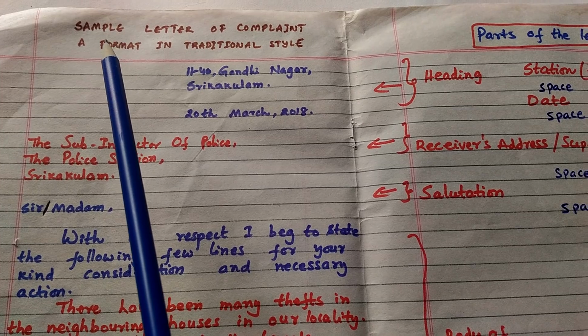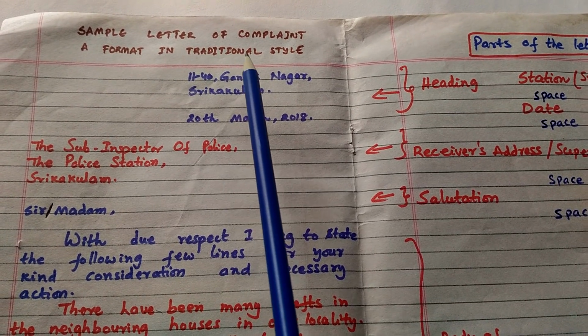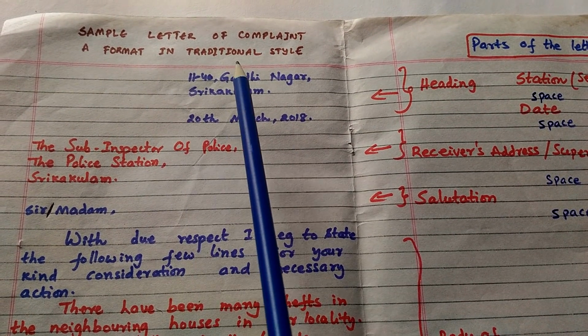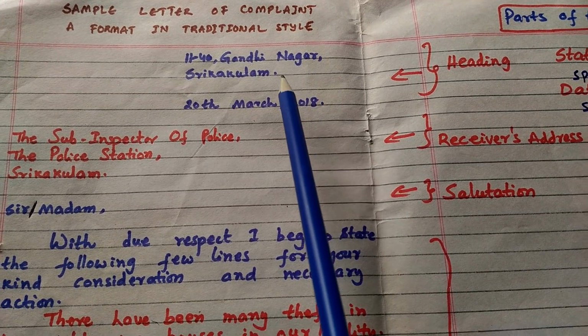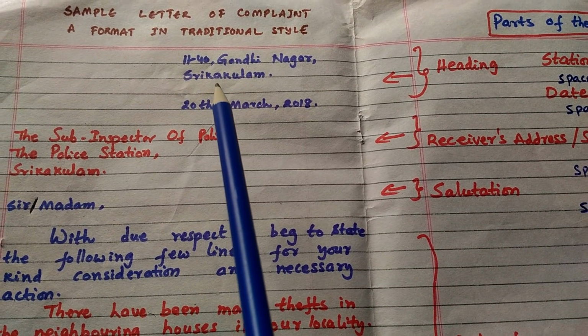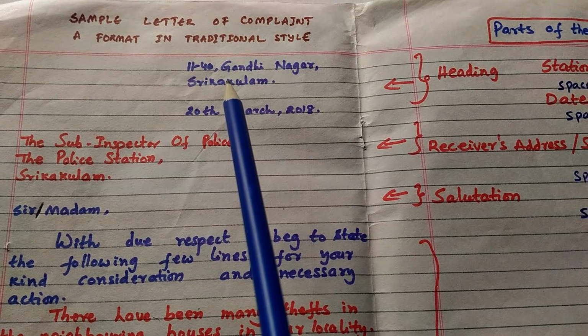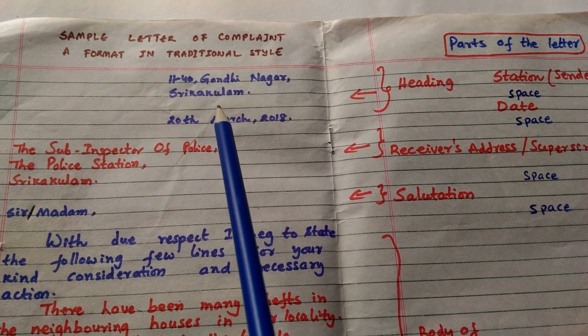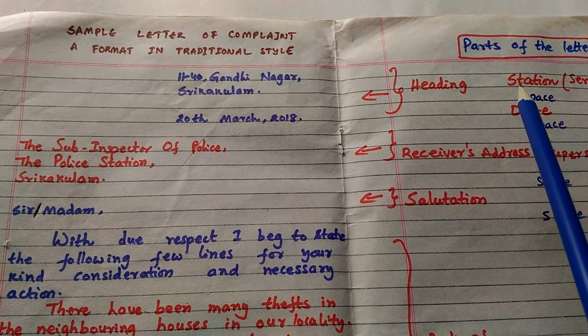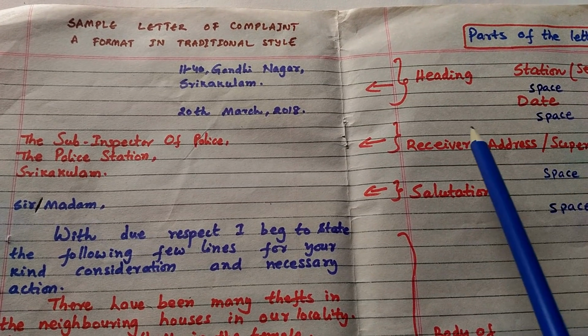Well, this is the format. Sample letter of complaint, a format in traditional style. First of all, we have to write the heading. The heading consists of two parts. One is station and date.